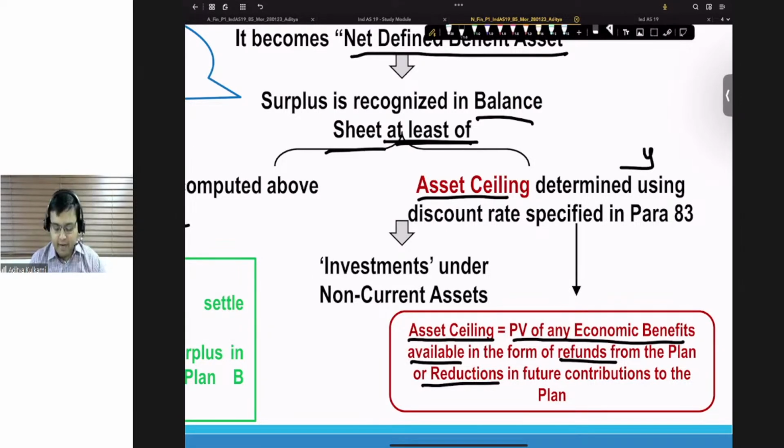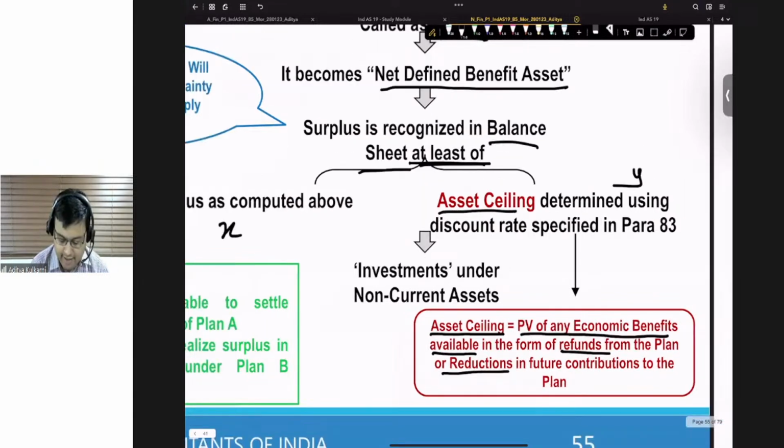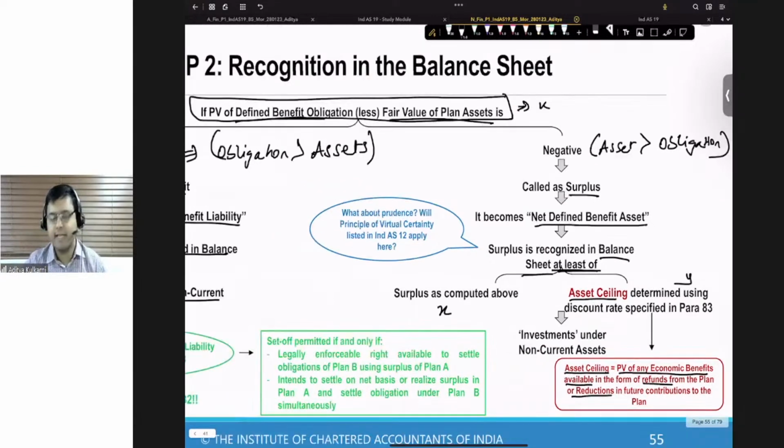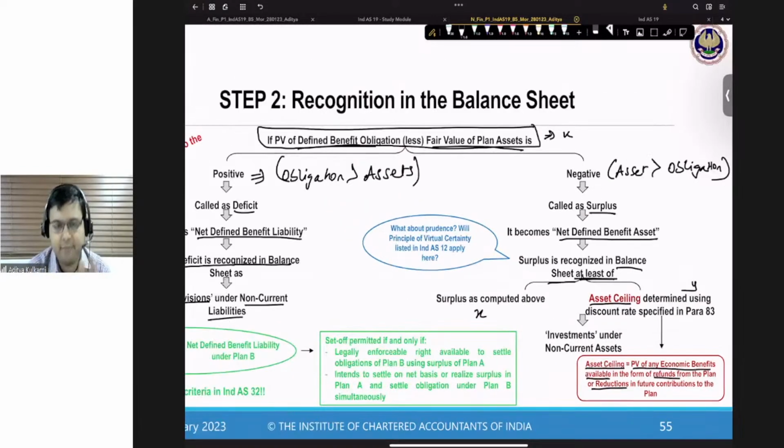See, ultimately, understand one thing. My asset, you have studied, okay, let me correlate. Have you guys studied Ind AS 36 impairment? Yes. All right. So wait, nobody confirmed.